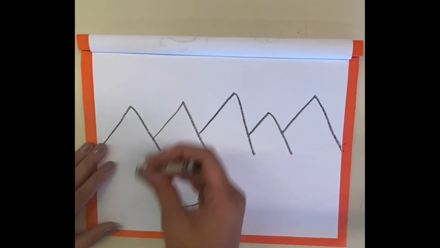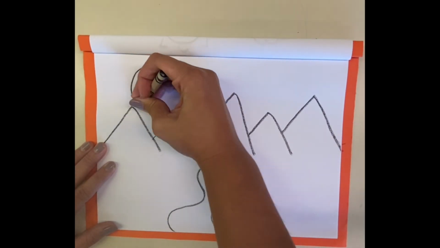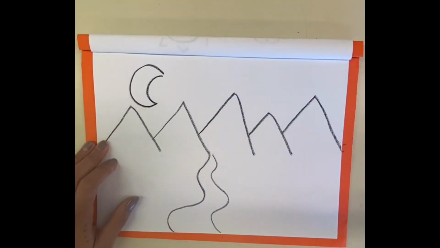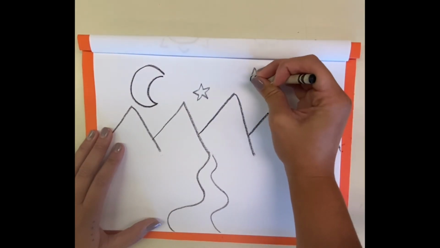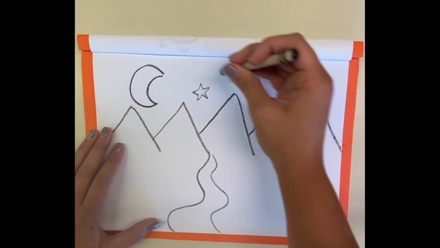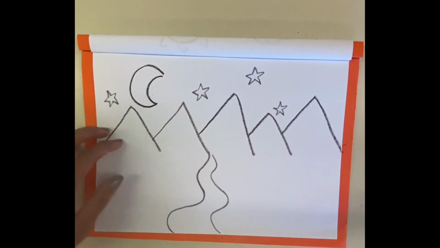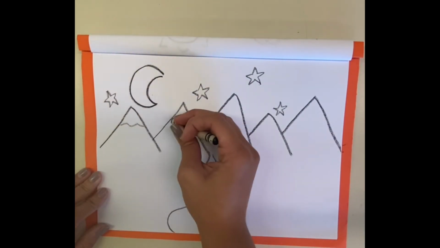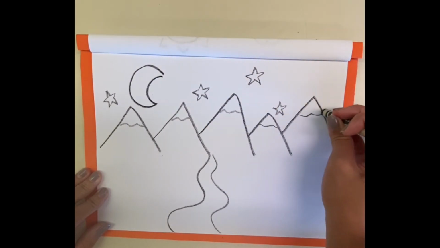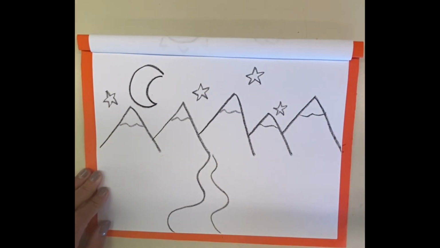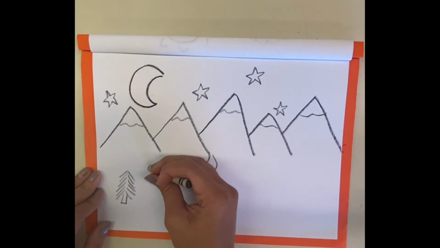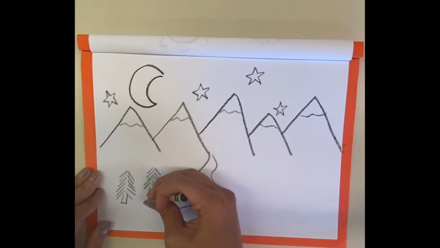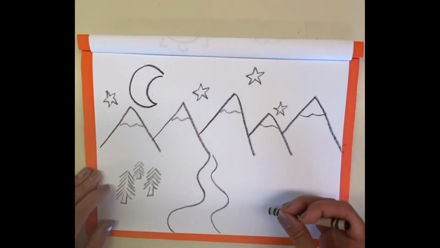I decided that this landscape is going to be nighttime, so I went ahead and added a moon and some stars to show that it is night. And just like I did before, I am going to add some details, like maybe some snow caps on my mountains, and maybe some pine trees this time. To do pine trees, I just draw diagonal lines going one way and then the other, and add a small rectangle at the bottom for a trunk.